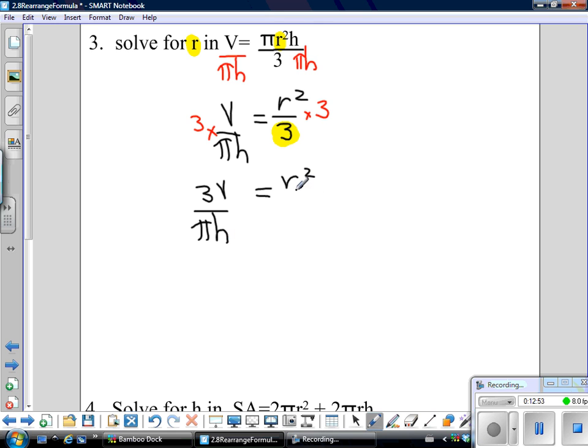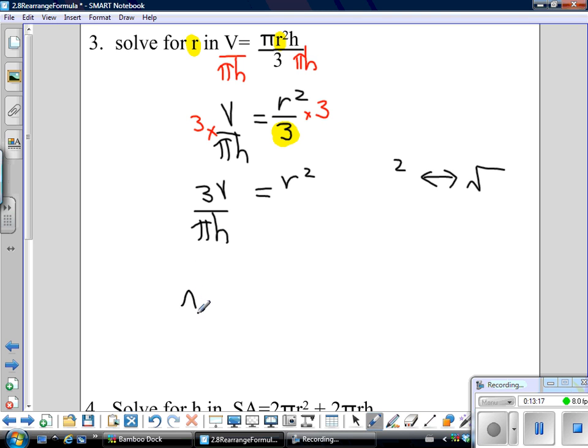Now I do have r squared by itself, but it says to solve for r. So the next thing I have to know is, what is the opposite of squaring something? Well, the opposite of squaring something is taking the square root. Now, if this was a number, there would be no big deal. We would take our calculator and take the square root of this number.